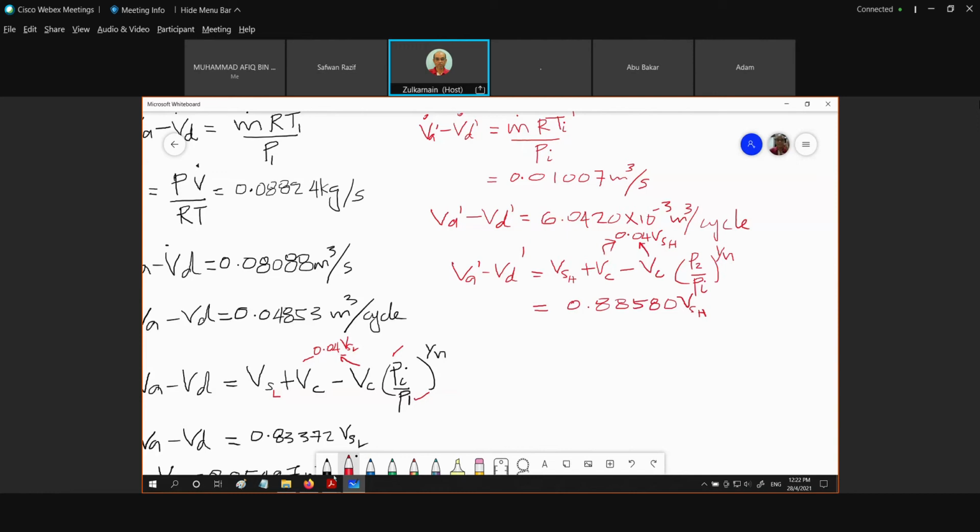Then what we are going to do is to equate these two equations, which are the equation of VA minus VD in terms of the cycle, and the VA minus VD prime as a function of VSH. Then from here we are going to get the VSL.